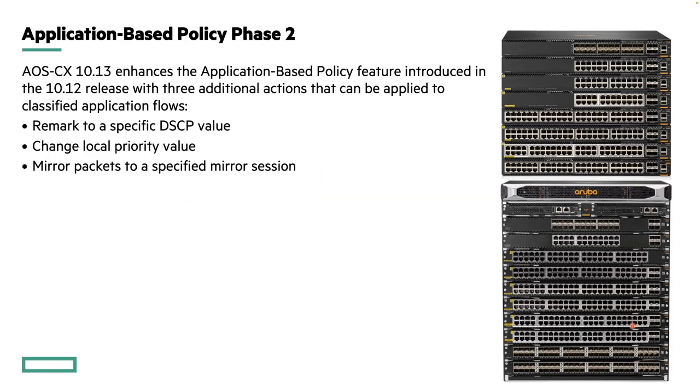So this basically allows you to redirect or mirror application flow packets if you desire additional monitoring of certain applications on your network, to monitor for suspicious or unexpected behavior, or to use in troubleshooting network performance issues.